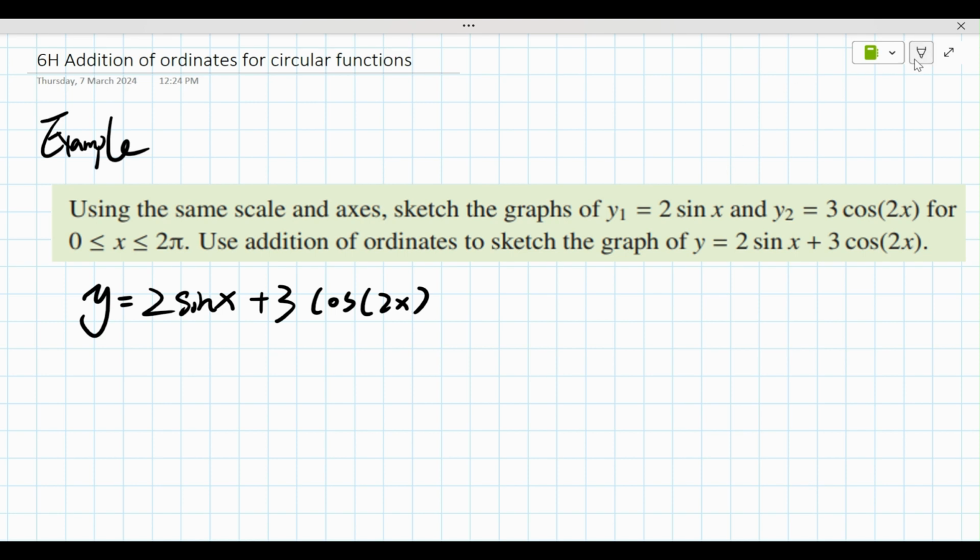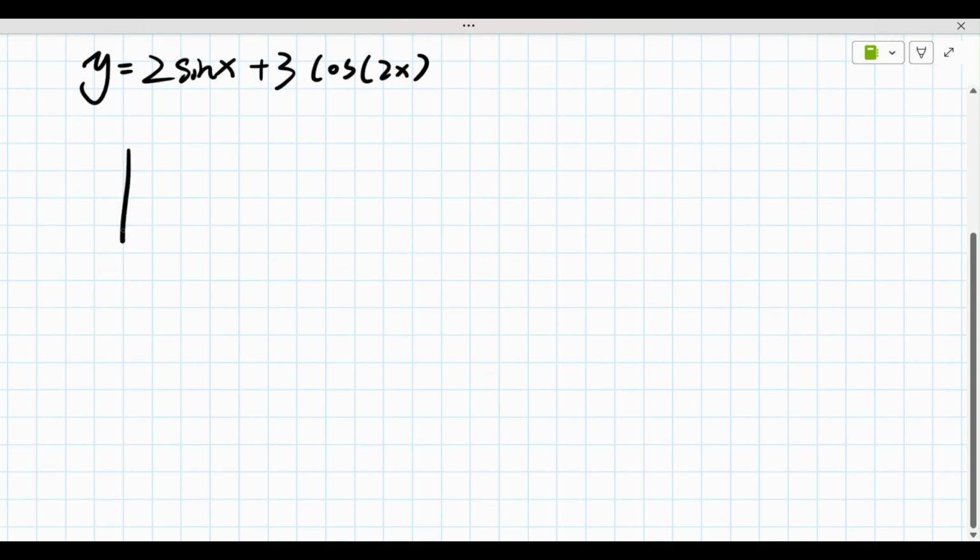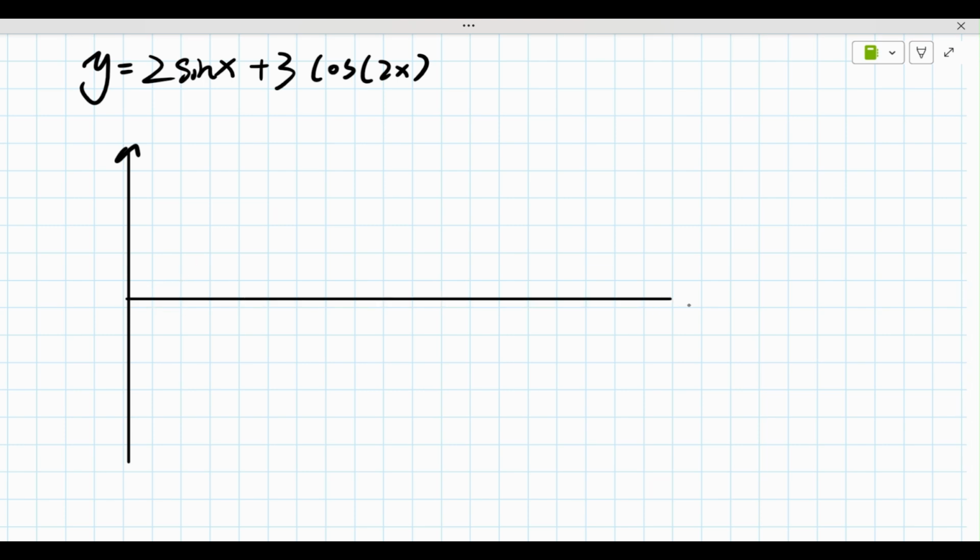I'm going to set up my Cartesian plane, which is what we always do. We start from 0 to 2 pi, so let's say 0, pi on 2, pi, 3 pi on 2, and 2 pi.